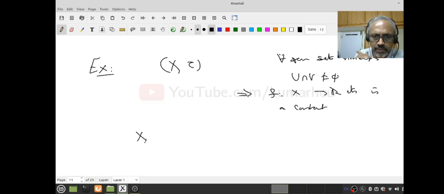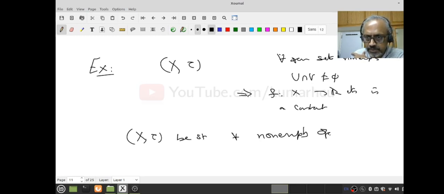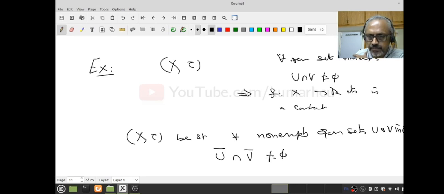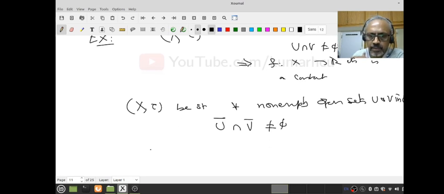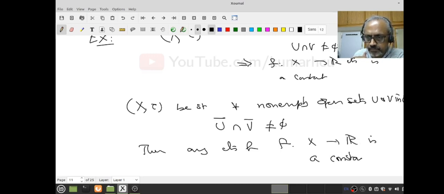Let (X, tau) be such that for every non-empty open sets U and V in tau, closure of U intersection closure of V is not empty. Then any continuous function f from X to R is a constant. Try it on your own. The proof is similar to the earlier one. Now you just have to use the following fact.